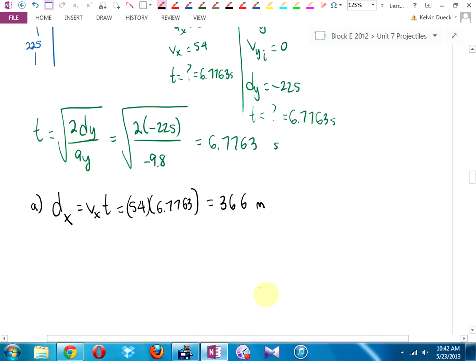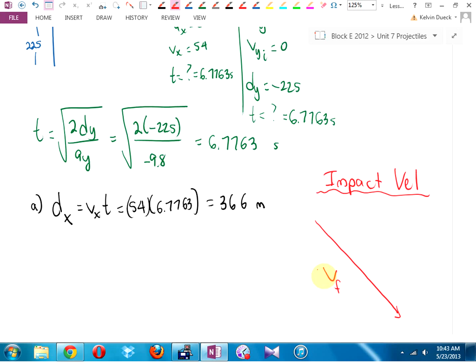I think if we talk about the impact velocity as a picture, it looks like that. It might be slantier, it might not be quite so slanty, but it is slanty. But I don't think of it that way.